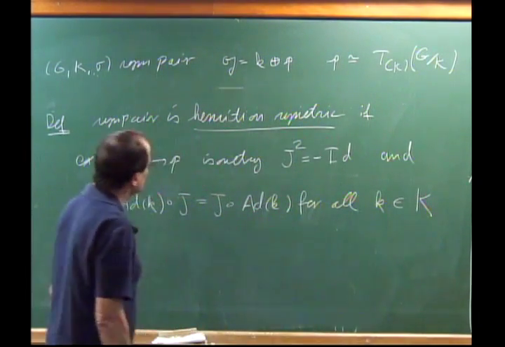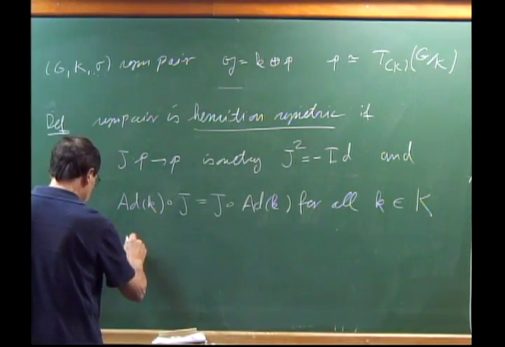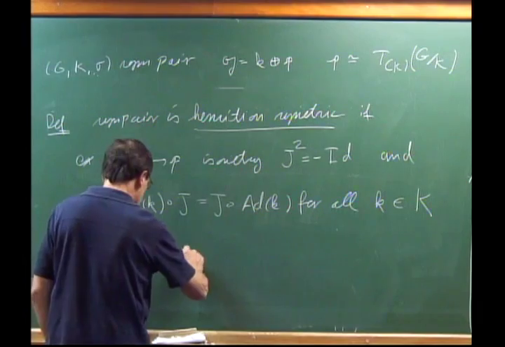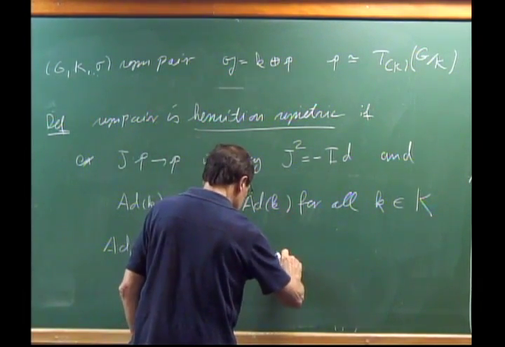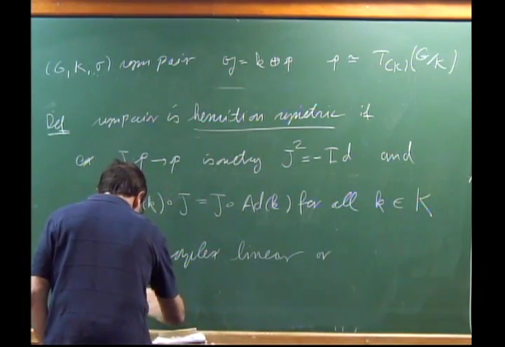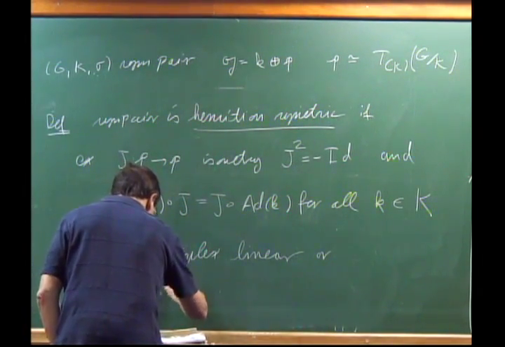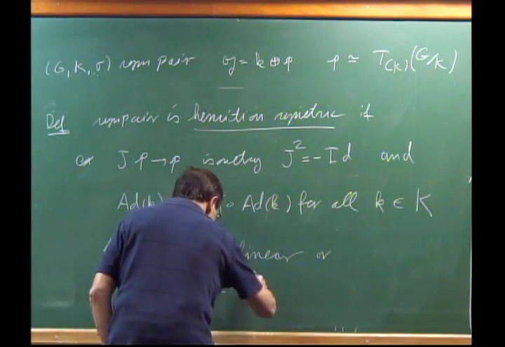Remember, Ad K acts on P as my isotropy representation. So in other words, Ad K is complex linear. Or, if we want to say, the image of Ad K restricted to P lies in the unitary group.